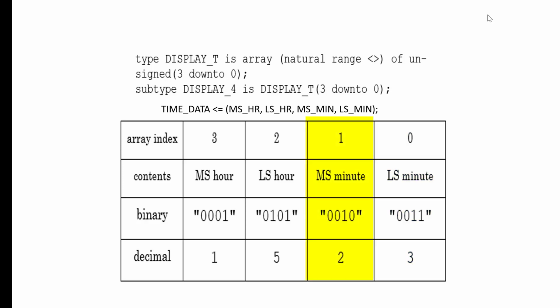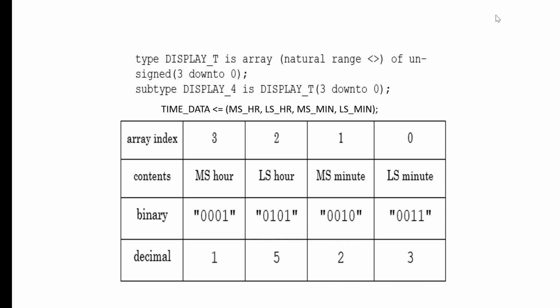Element 1 represents the most significant digit of the minute. Element 2 represents the least significant hour component, and the third element represents the most significant hour component. Each of these components is in turn made by a 4-bit array.